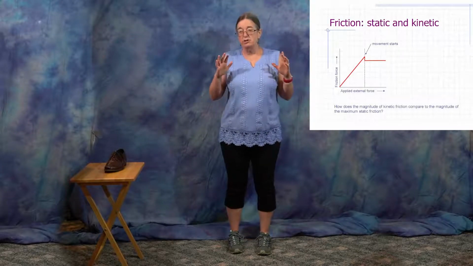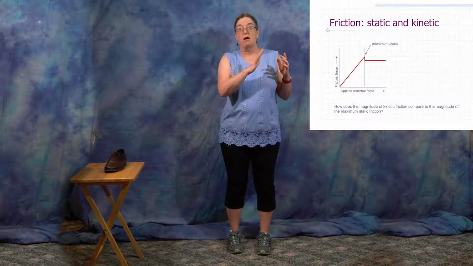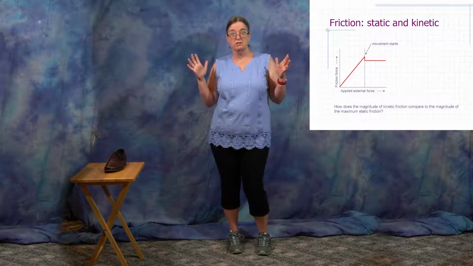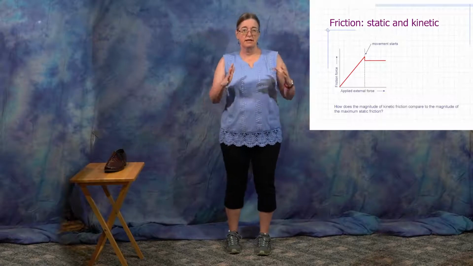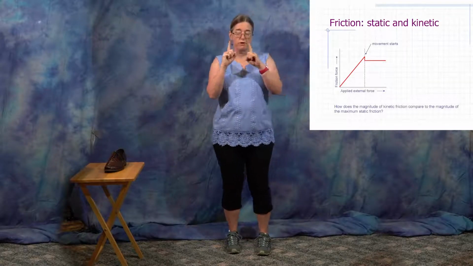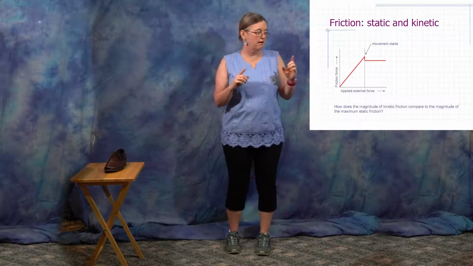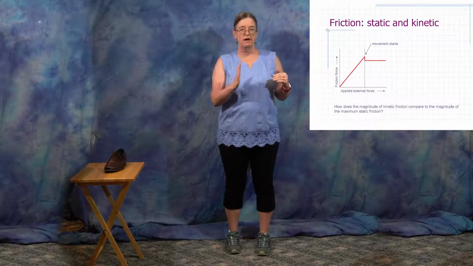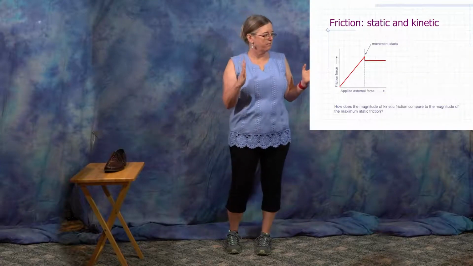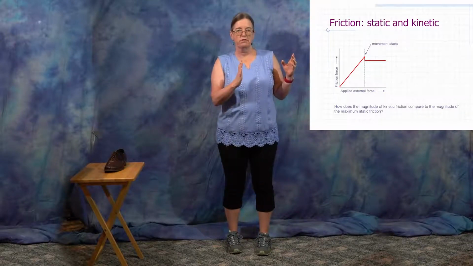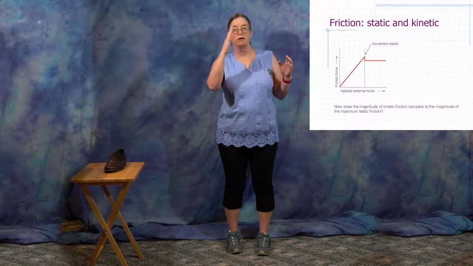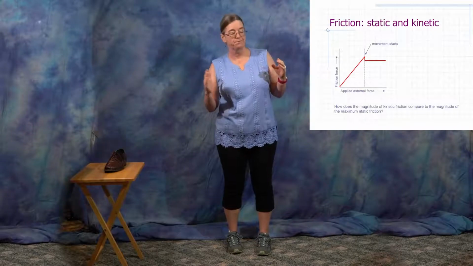So how much you are pushing on the box, essentially, or whatever system you're doing. As you can see, before that vertical line about halfway across the graph, that vertical line represents the point where movement starts.